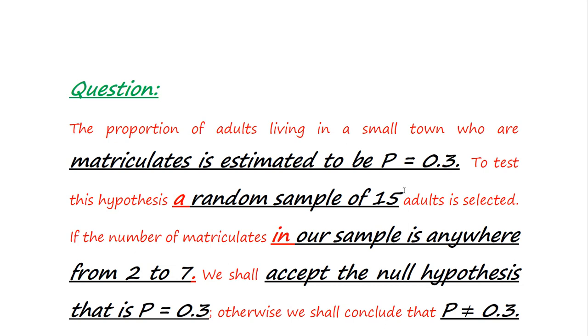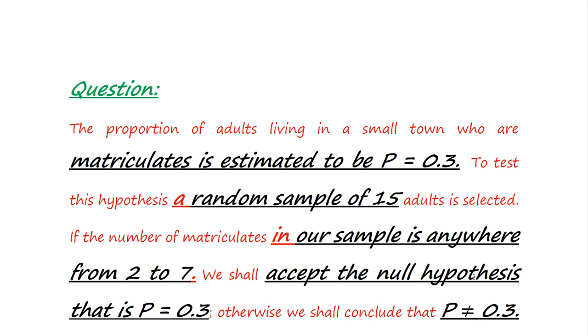The number of matriculates in our sample is anywhere from 2 to 7. So our statement is, the sample we select of 15 adult population, the persons who are matriculate will be 2, 3, 4, 5, 6, 7, any number in the range 2 to 7.